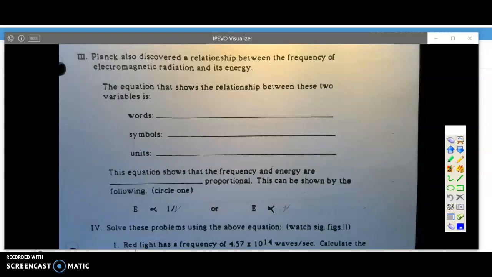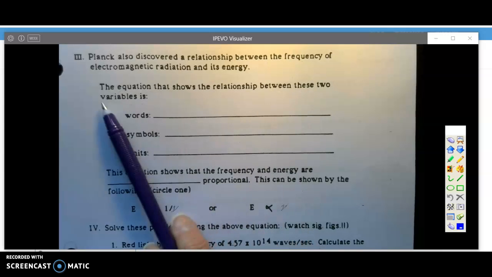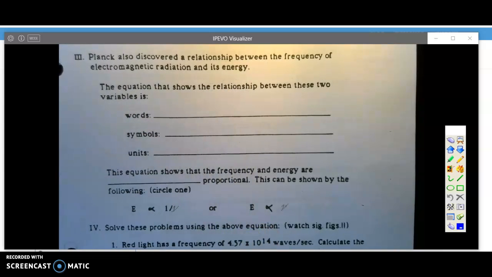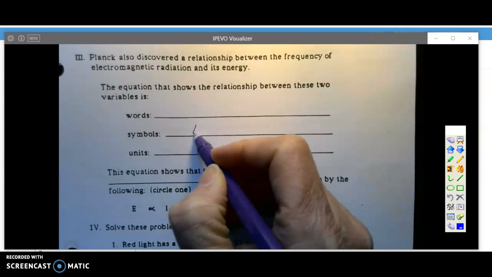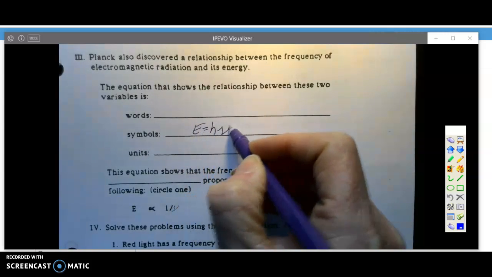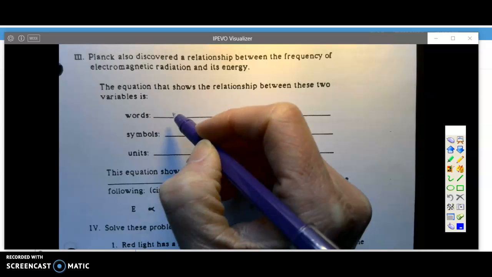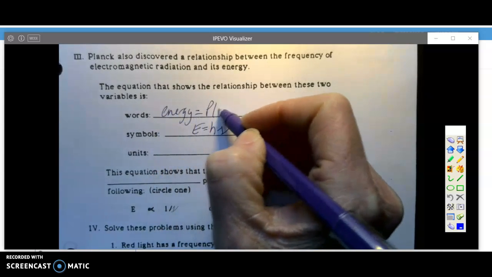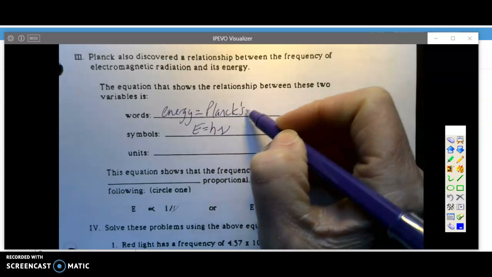Okay, the next part of this is looking at the equation that Planck discovered between frequency of electromagnetic radiation and its energy. So this equation is E equals h nu, and in words that means energy equals Planck's constant, and I'll give you that value in a minute.